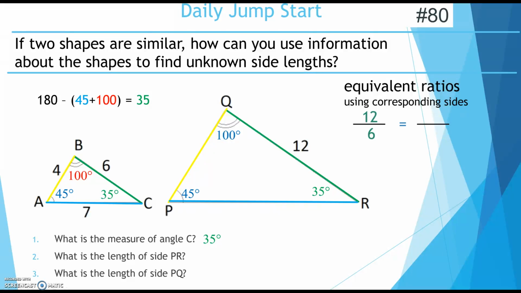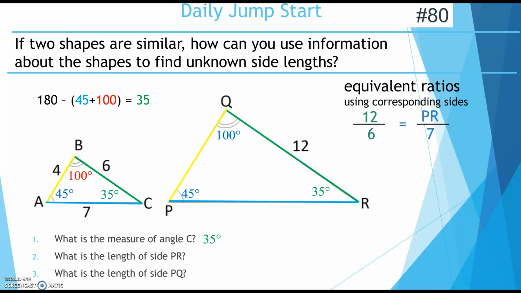So I'm going to write the ratio 12 over 6, or 12 to 6. Then I am going to look at the blue sides here because I'm trying to find PR. PR comes from the larger triangle, so that goes in the numerator. And then the corresponding side length of the smaller triangle has a length of 7.